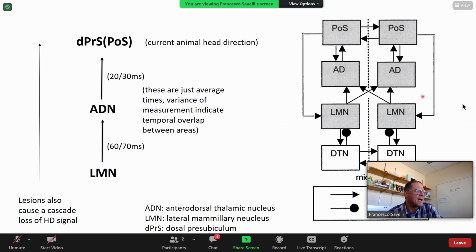So this was an experiment in which the standard one was a cylinder with a cue card. We saw so many of these examples. Then they do a second session where the cue card was moved 90 degrees counterclockwise. And then they did again the same standard two, which was the same position as the first one, right?